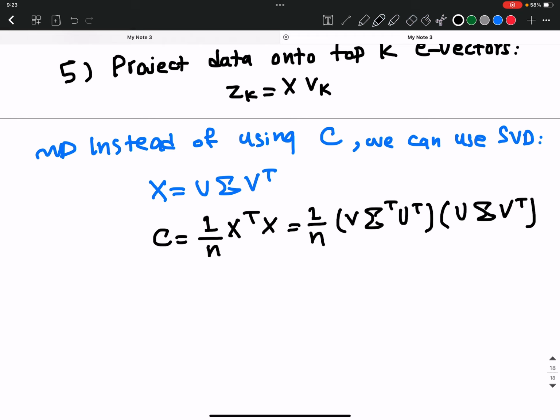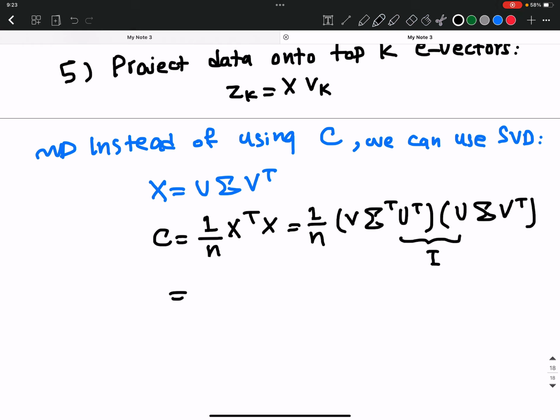What is U transpose times U? It's the identity matrix because it's an orthogonal matrix, so U transpose times U will become I. Then what does this give me?